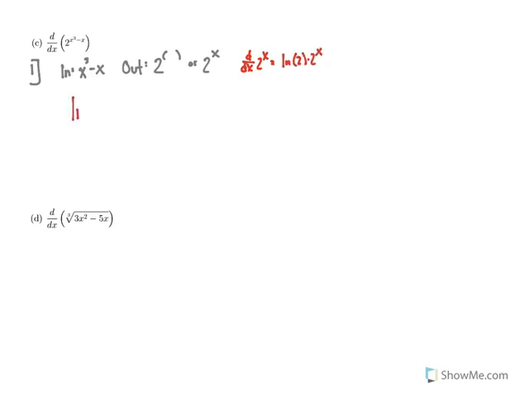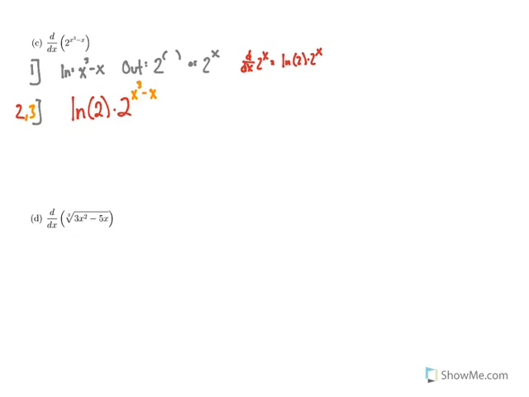So here I'm going to have natural log of 2 times 2 to the something, and that something is going to be leaving the inside function alone, x cubed minus x. So I'm combining the second and third steps there.